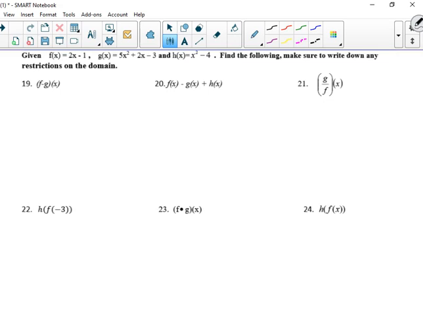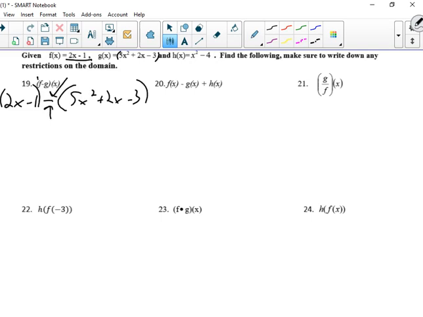All right, everybody's favorite fun time activity, functions. So, f minus g. We're going to take this minus this in parentheses. Be careful. 2x minus 1 minus 5x squared plus 2x minus 3.